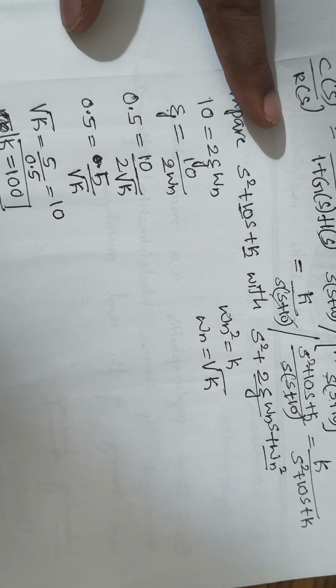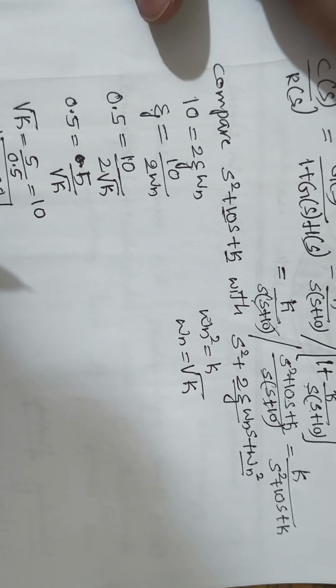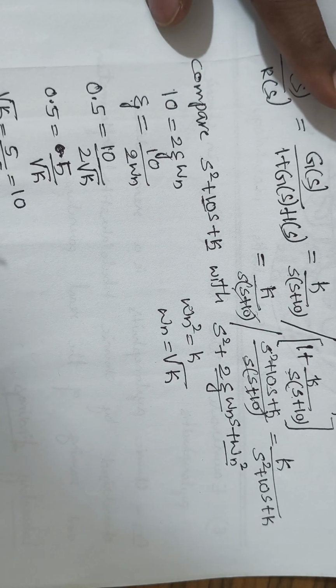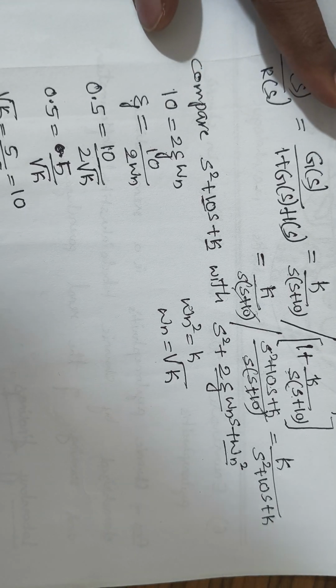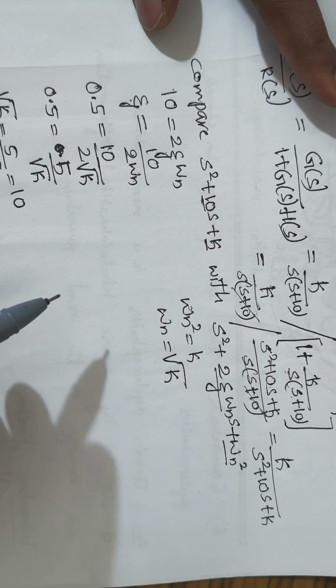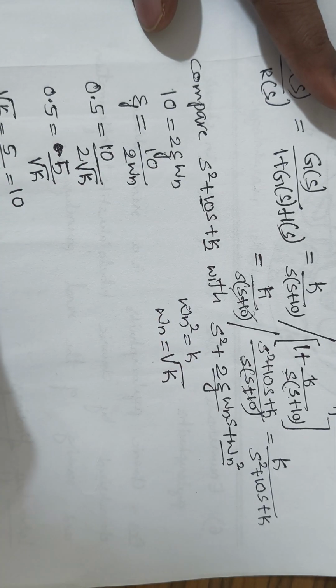Now next, what we need to find out? We need to find the value for omega n. Here we know the value of K now.